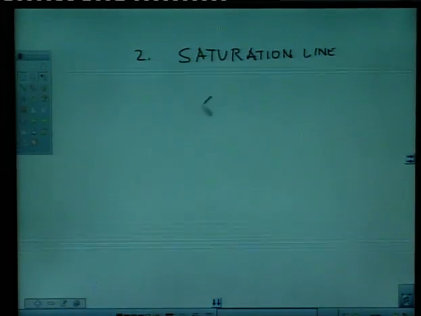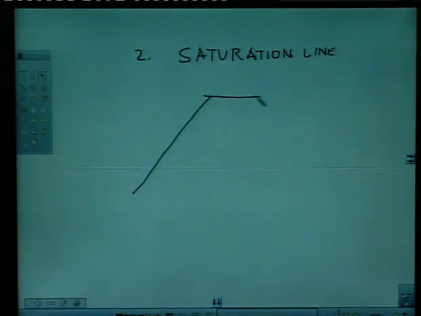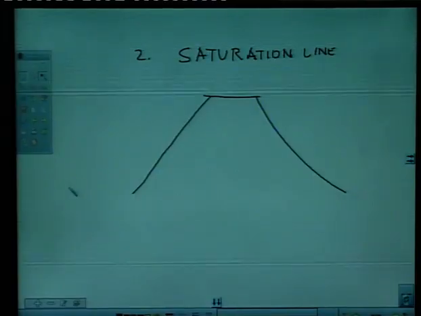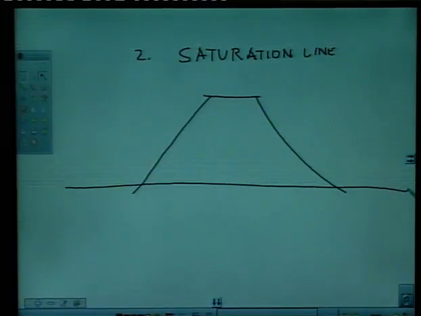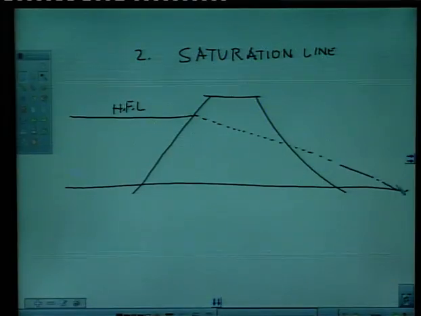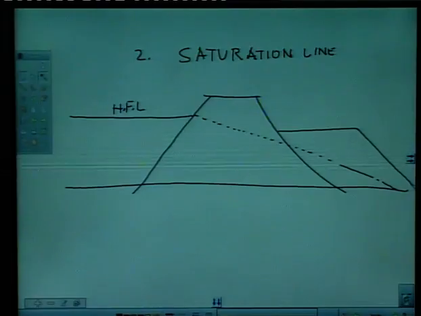If this is my dam section, this is high flood level, and the saturation line should not come out like this one. So, we are to increase the section or provide some filter. The filter section can be shown like this one.